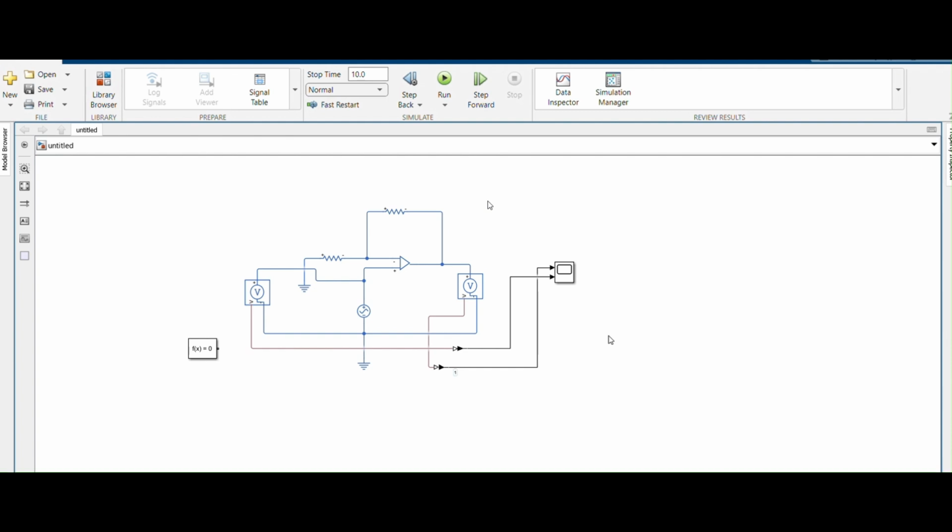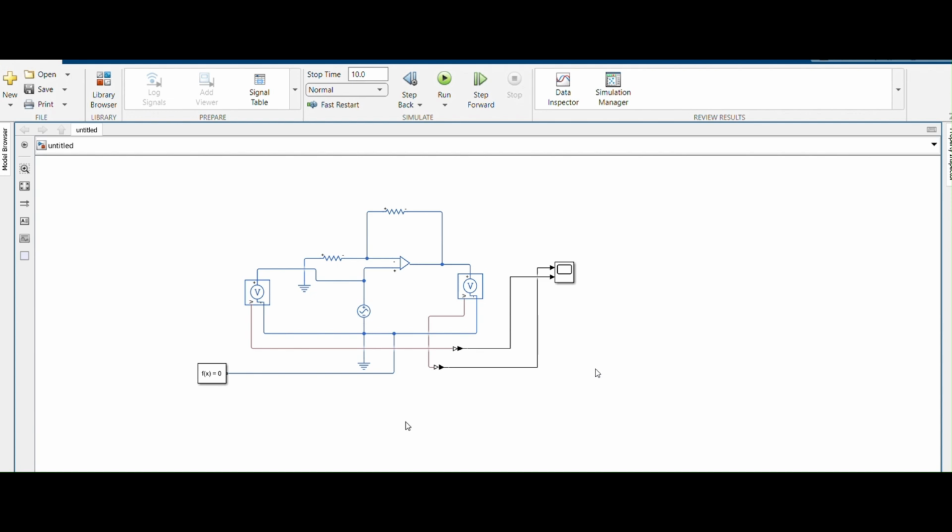Now it's time for giving the connection to the solver configuration, with the voltage. So the circuit diagram is completed.